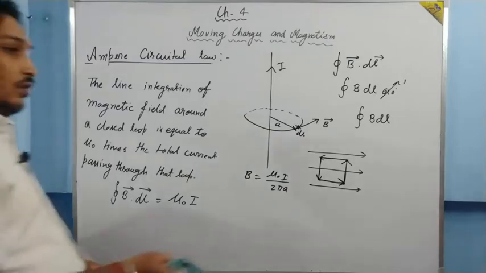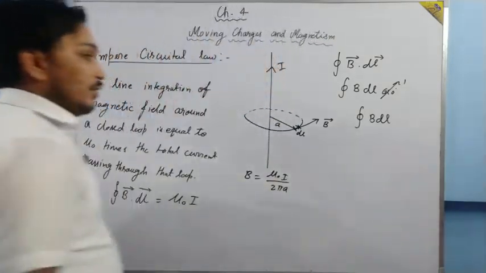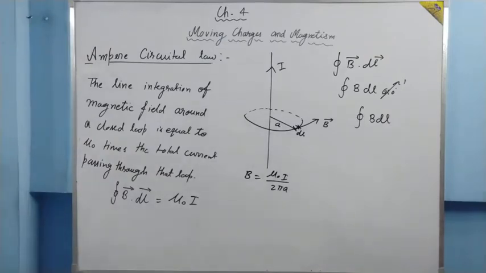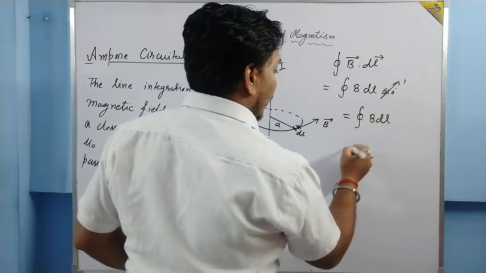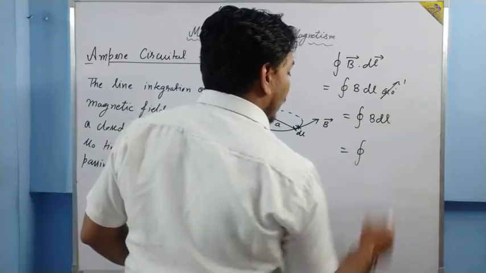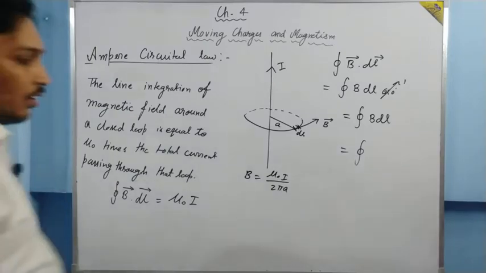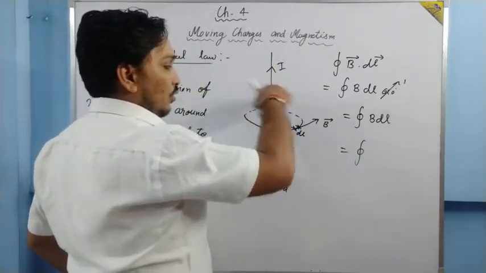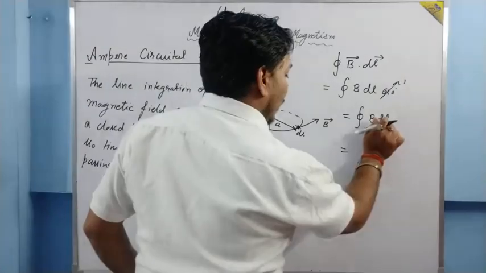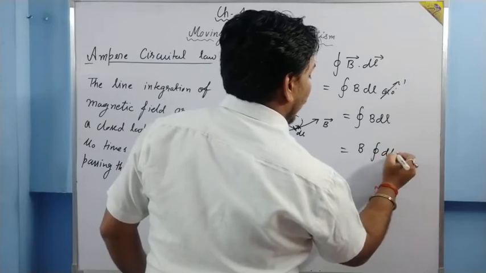Now according to Ampere circuital law, this line integration of magnetic field is mu naught times the total current passing through the loop. If we solve it, B is constant over the loop of the wire, so we can take B out of the integration, and in the integration we are going to have dl.